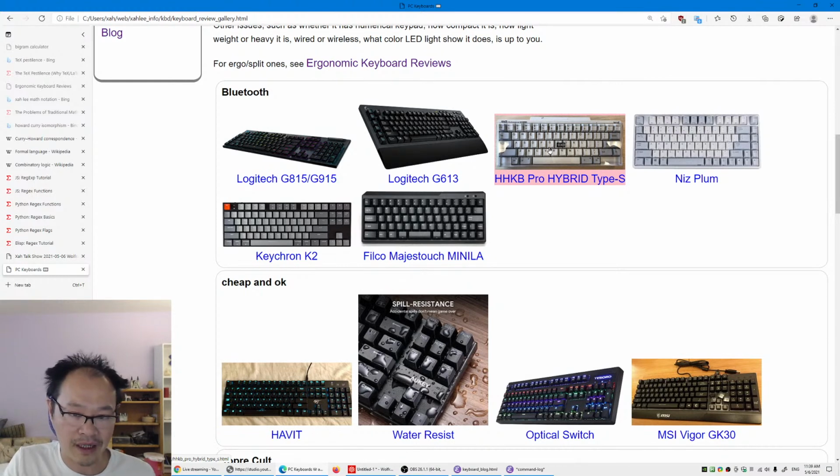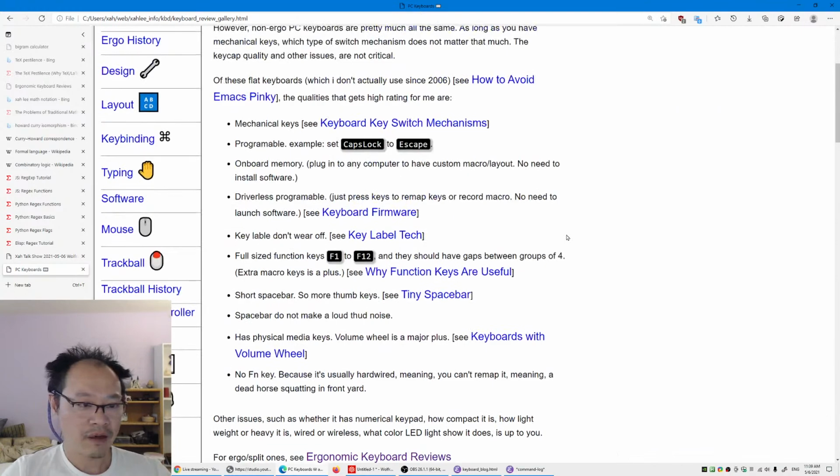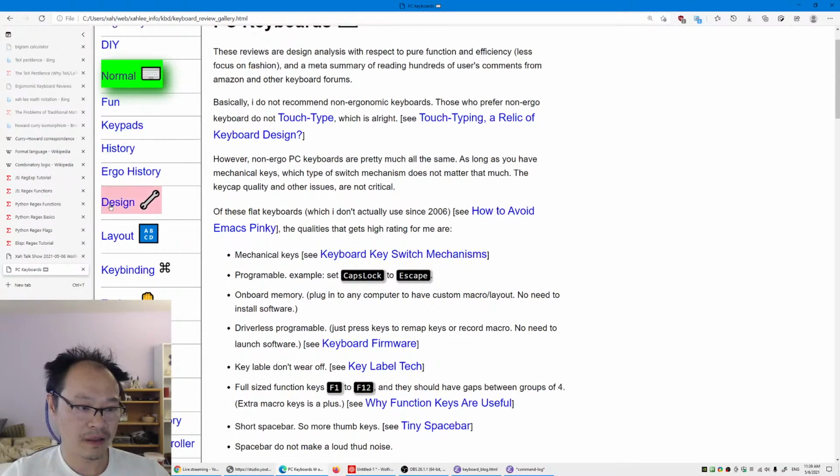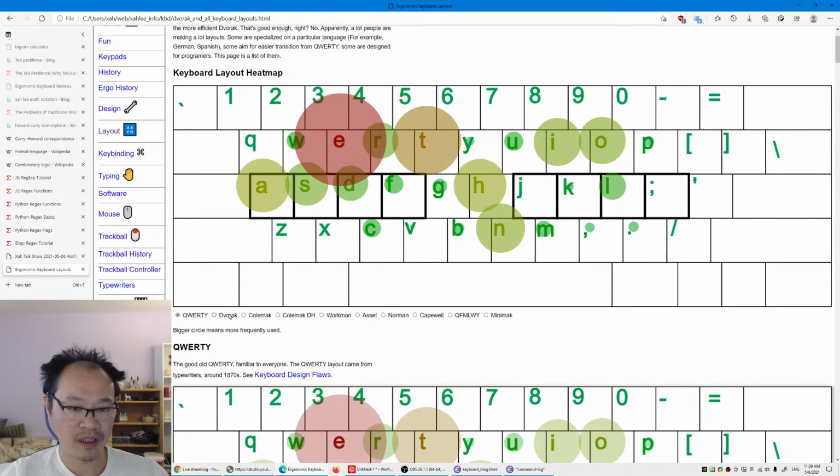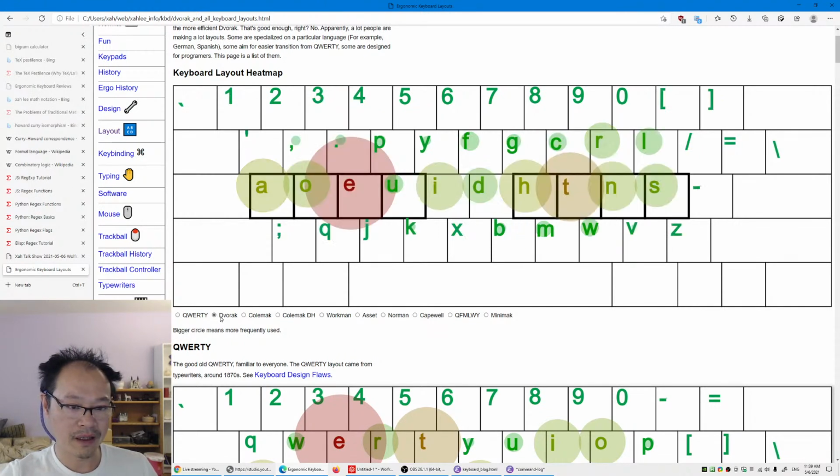Therefore it becomes that, the staggered layout. I've talked about this many times: the way the letters are arranged in QWERTY is not because it is the best design, but due to historical reasons.